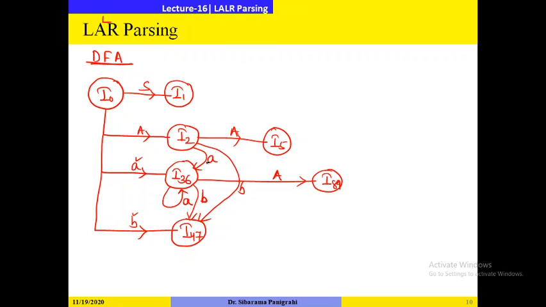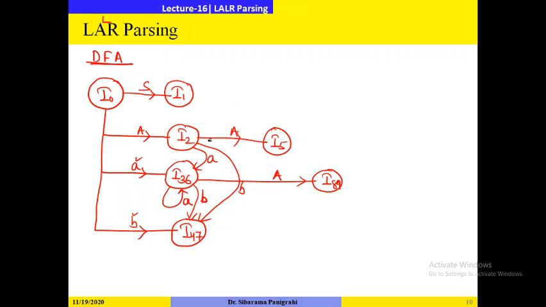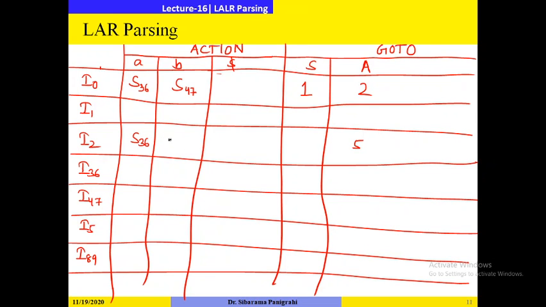I2 by taking small a, it goes to I36, so shift and the state will be changed to 36. Next, I2 by taking B as input, it goes to I47.